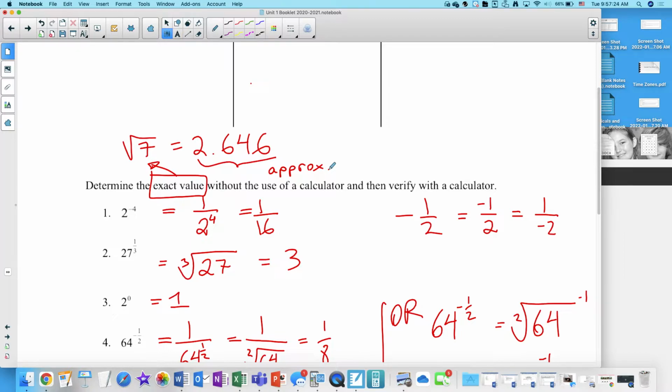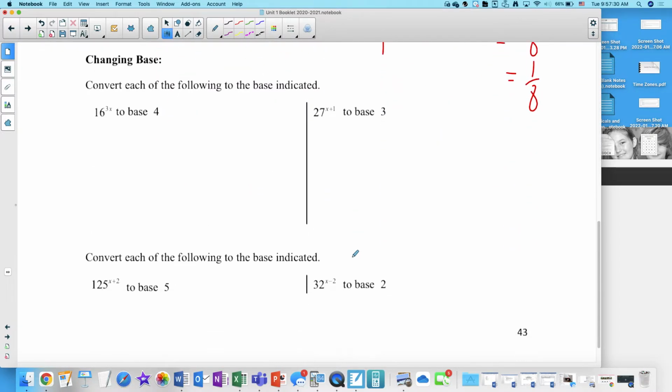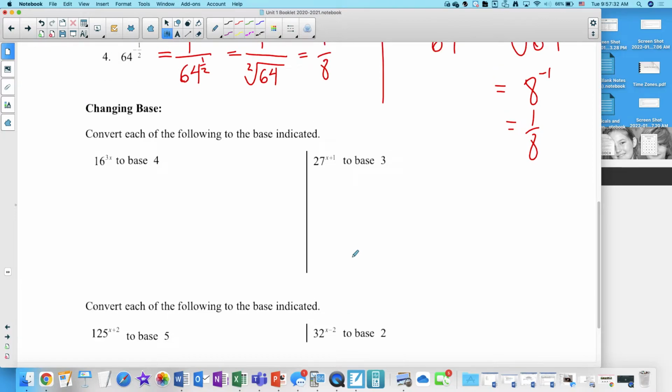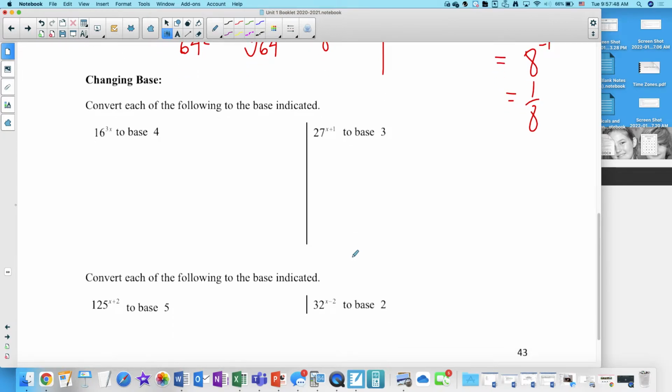We're now going to start to work towards building some skills that we will need to solve exponential equations, which is a big part of this outcome. Okay? One of those is a change of base. Okay? A change of base is essentially when we have a power with one base and we want to change that base into another power with another base.